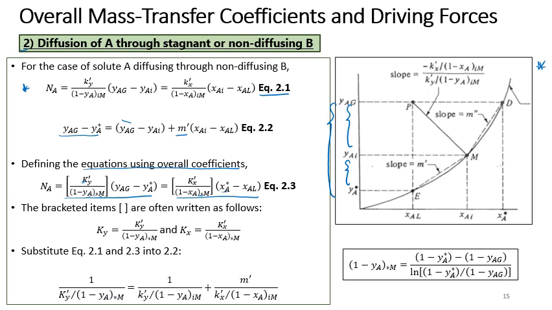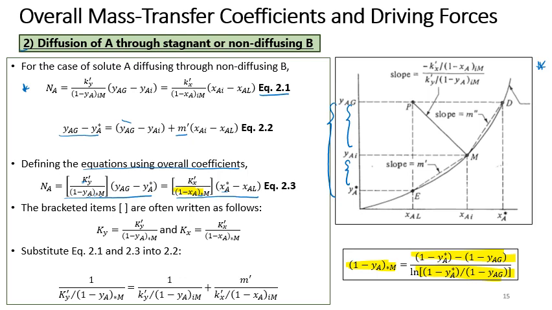So here, 1 minus yA star M is given by this definition here. If you have 1 minus xA, then you just replace the terms yA with xA, and yAG with xAL.